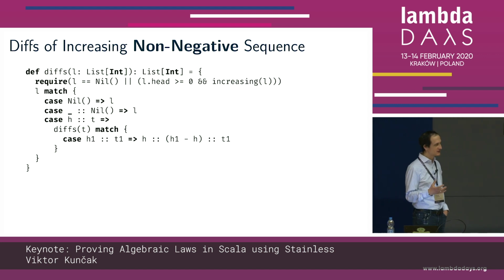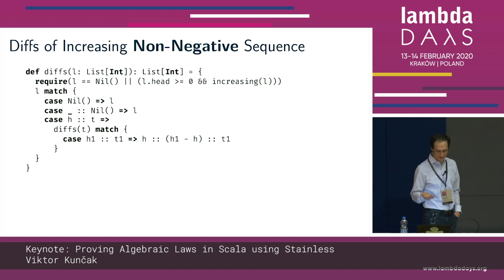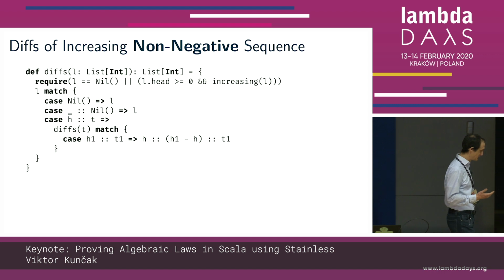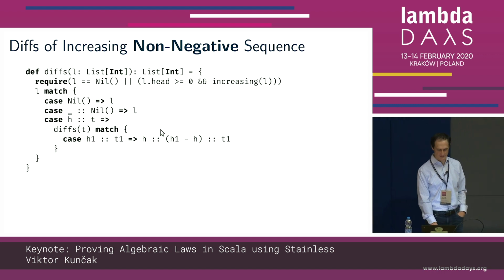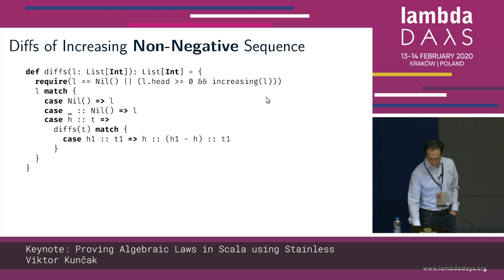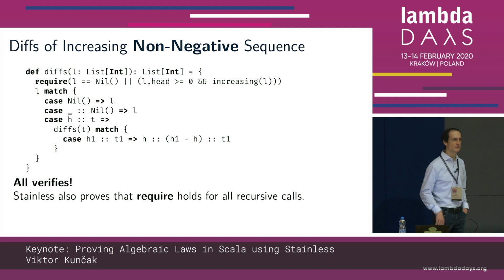And so what I actually want is a sequence that starts with a number that's 0 or positive, and then continues as increasing. And here's how I specified it. So I said that either the input list is nil, or its head is greater than or equal to 0, and then it's increasing. And when I run it with that, then everything verifies.